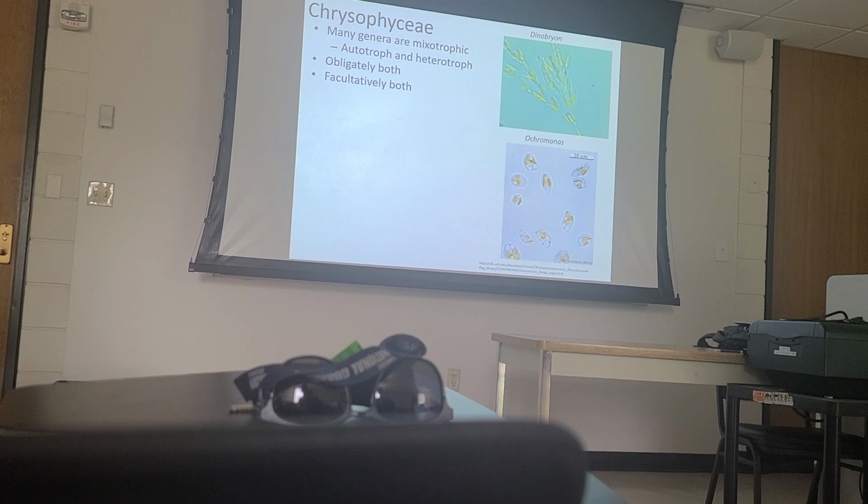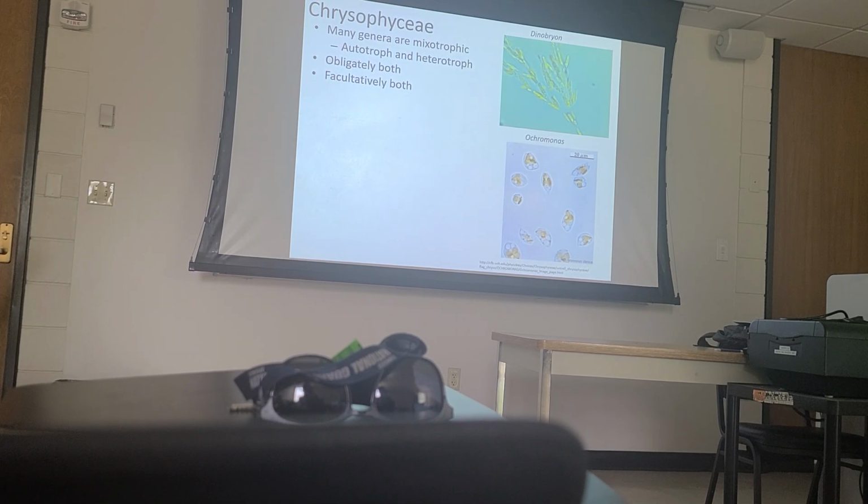You know that word, facultative? It's the opposite of obligate. So facultative means they can photosynthesize or they can eat bacteria, but they don't have to do one or the other. They have to do one. It doesn't matter which one.